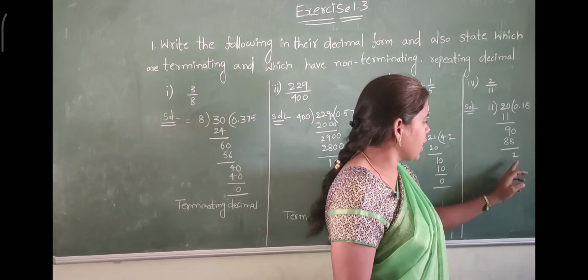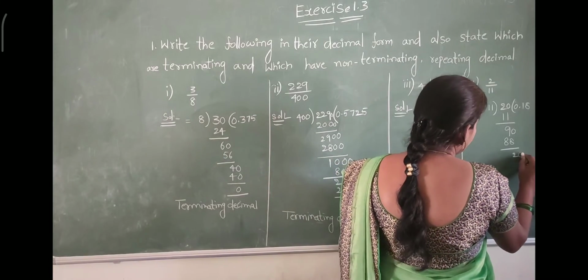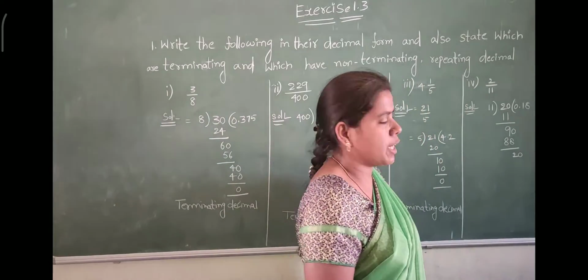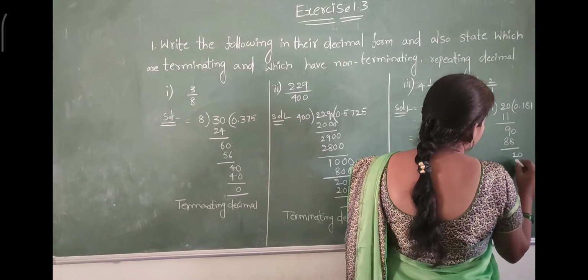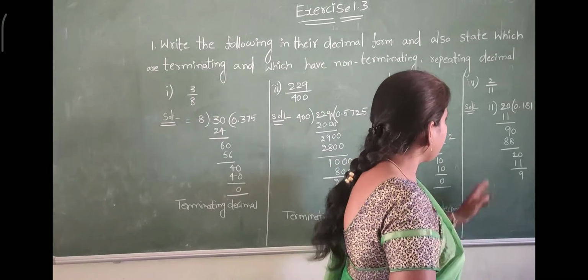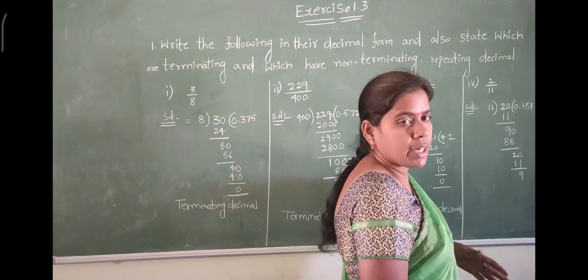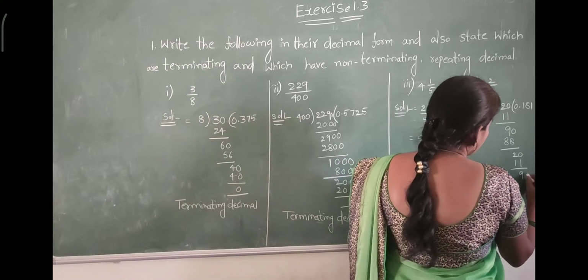Again observe here, 2 is less than 11. So you have to keep 0. Again, you have to recall the table. 11 ones 11. So 10 minus 1, 9. Again, 9 is less than 11. That's why we can't divide. You have to keep 0.